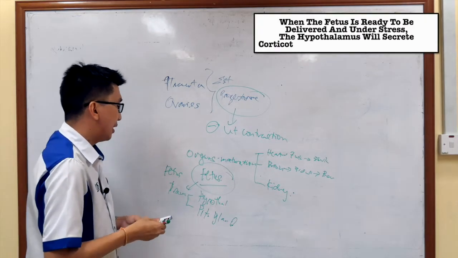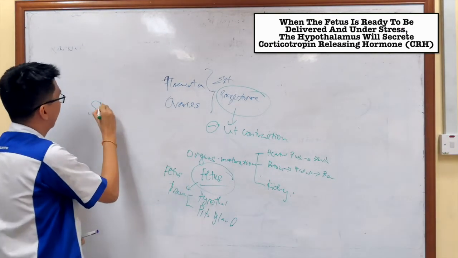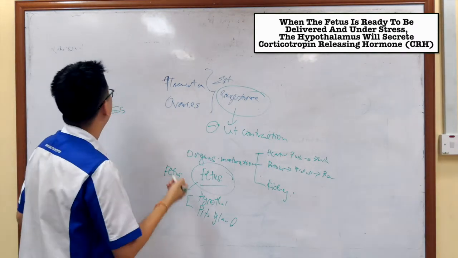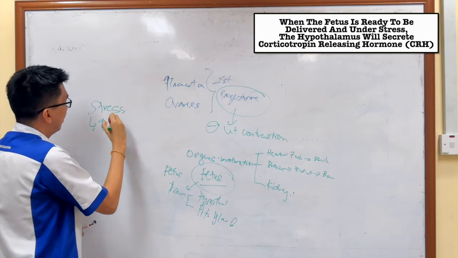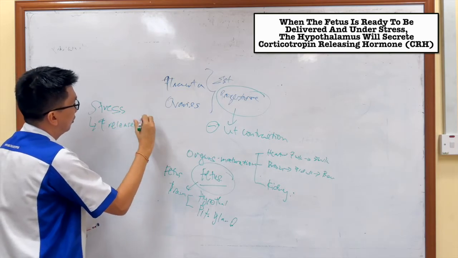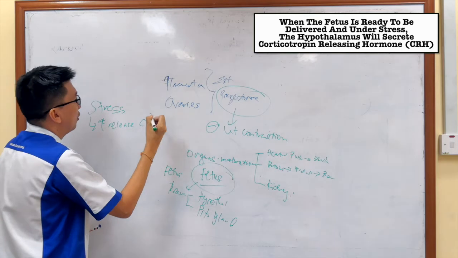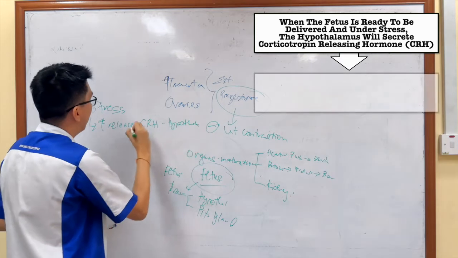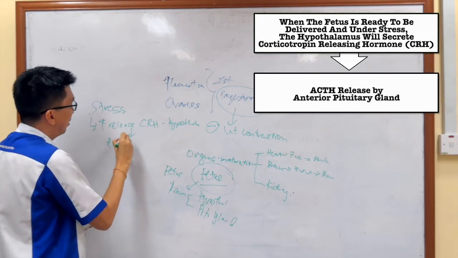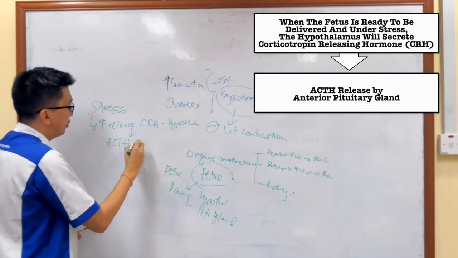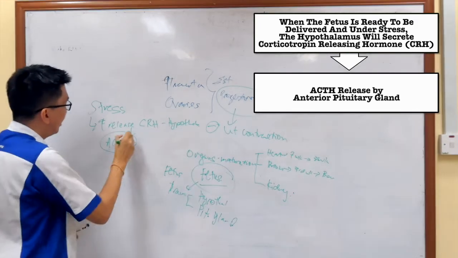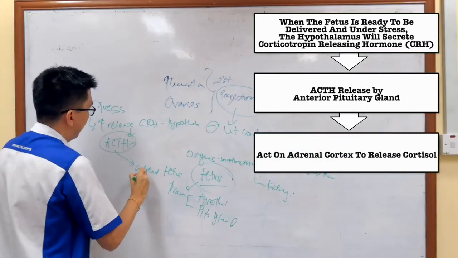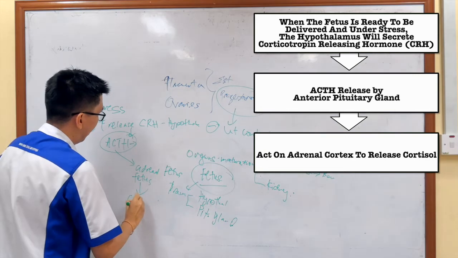When the fetus is under stress, meaning the child wants to be born already, there will be an active release of corticotropin releasing hormone from the hypothalamus, which will then stimulate the anterior pituitary gland to secrete ACTH. This ACTH will then act on the adrenal gland of the fetus to secrete cortisol.